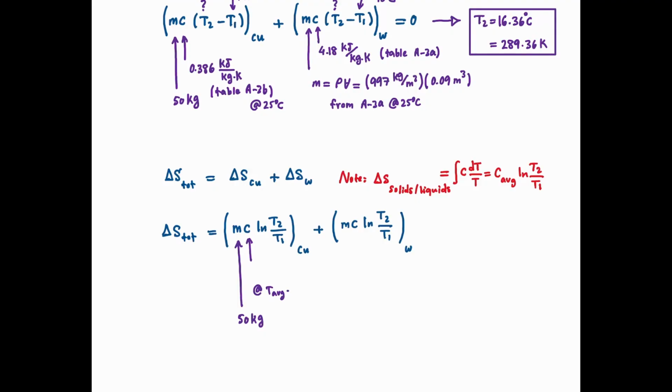For copper, the average temperature is 140 degrees C plus 16.36 degrees C divided by 2, which is 78.2 degrees C. And from table A3b, we can read for specific heat 0.3909 kilojoule per kilogram Kelvin.